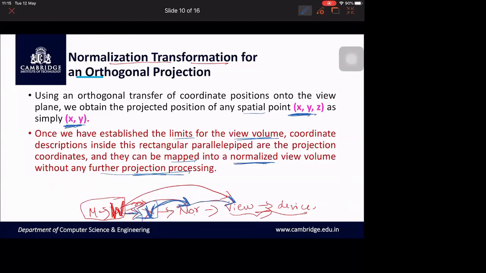Then what do we need to take care of? I need to see to it that my rectangular parallelepiped is mapped to the normalized view plane.